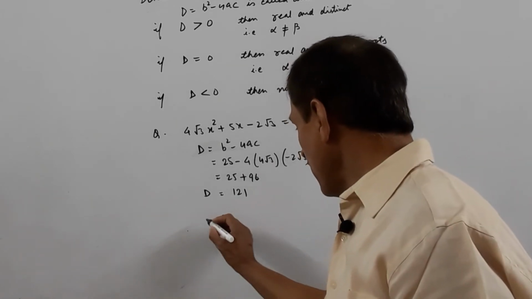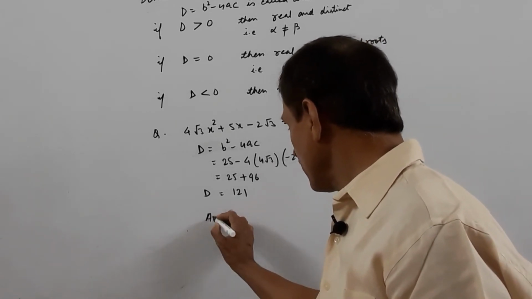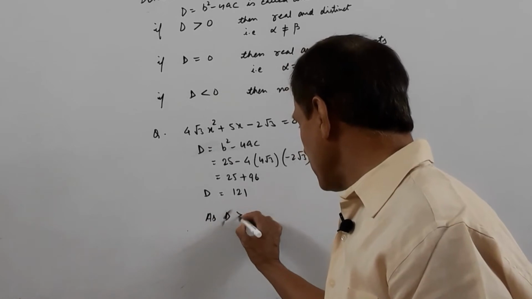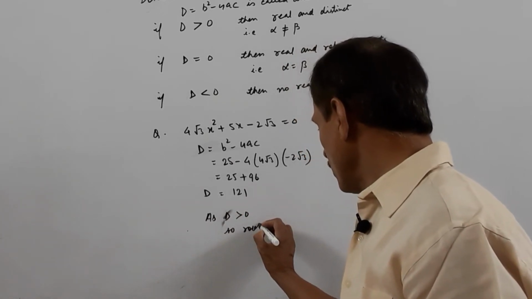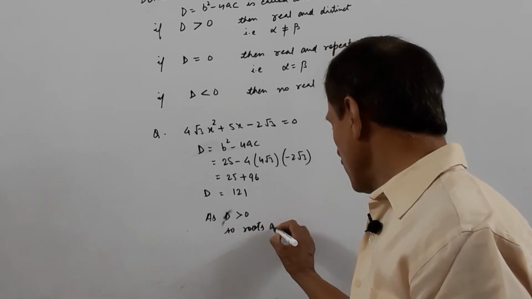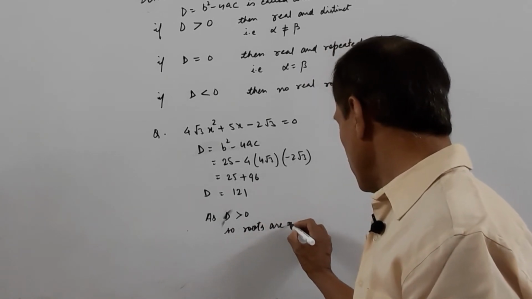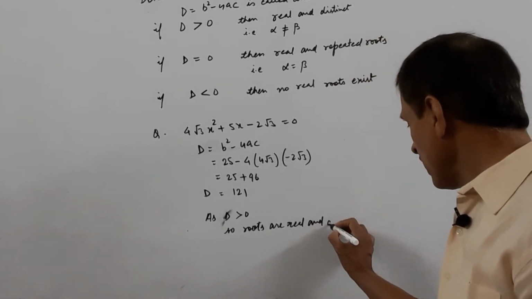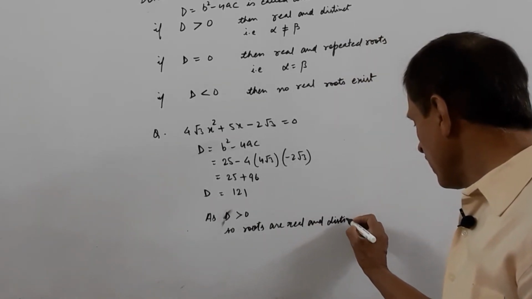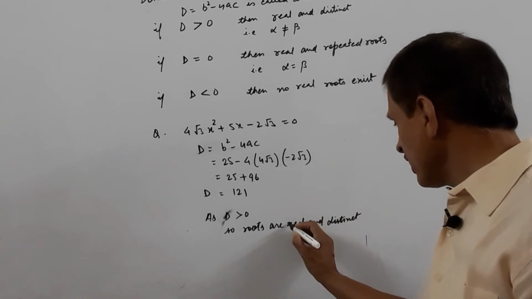So real, as D is greater than 0, so roots are real and distinct.